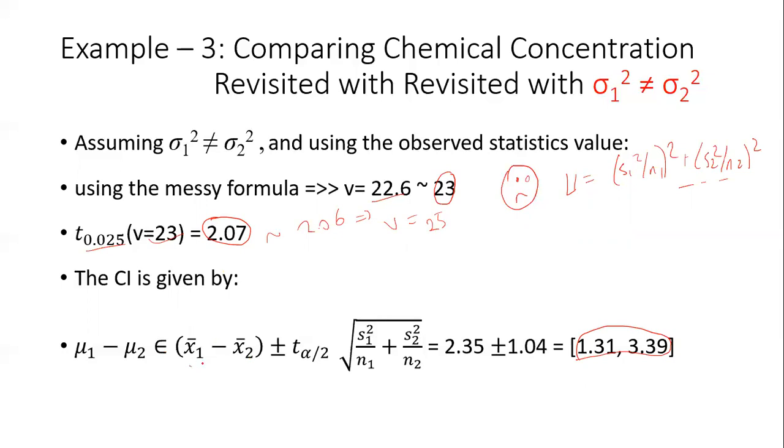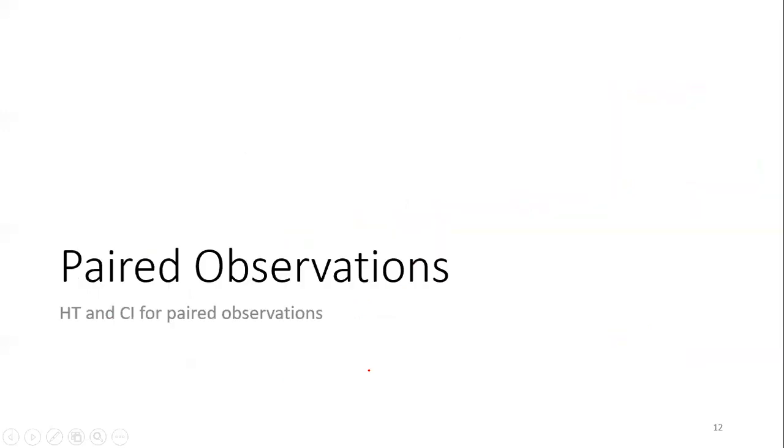Remember the difference: this is the same, plus or minus t alpha over 2, but now I have 23 degrees of freedom. The degrees of freedom has changed. In the previous formula, I had sp times the square root of 1 over n1 plus 1 over n2. This is the difference because we assume different variances, so we use different estimators for the different variances.